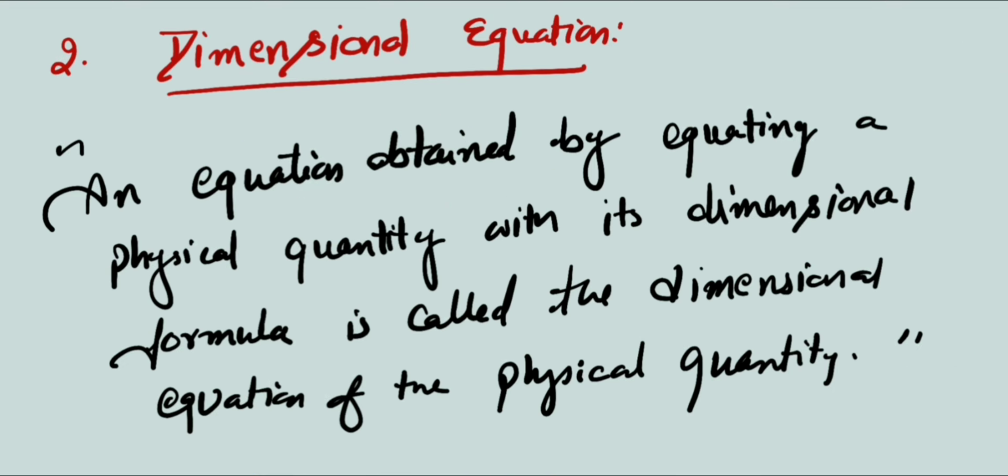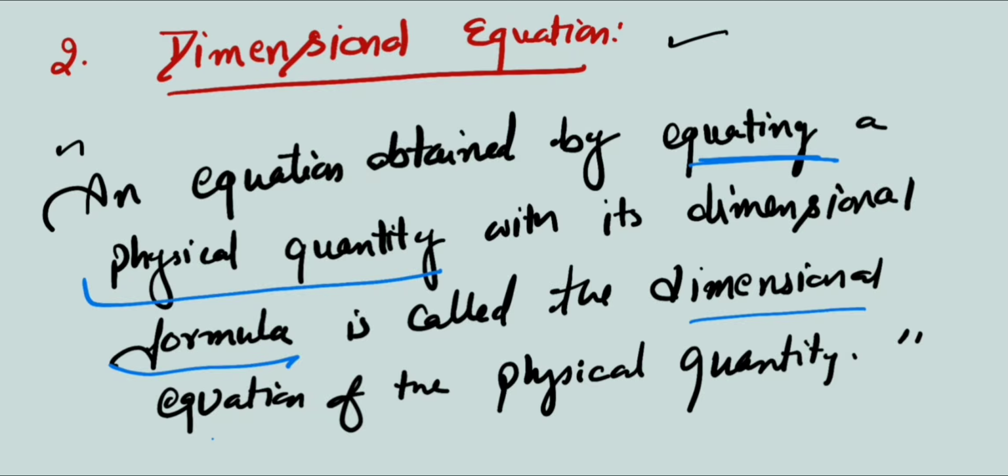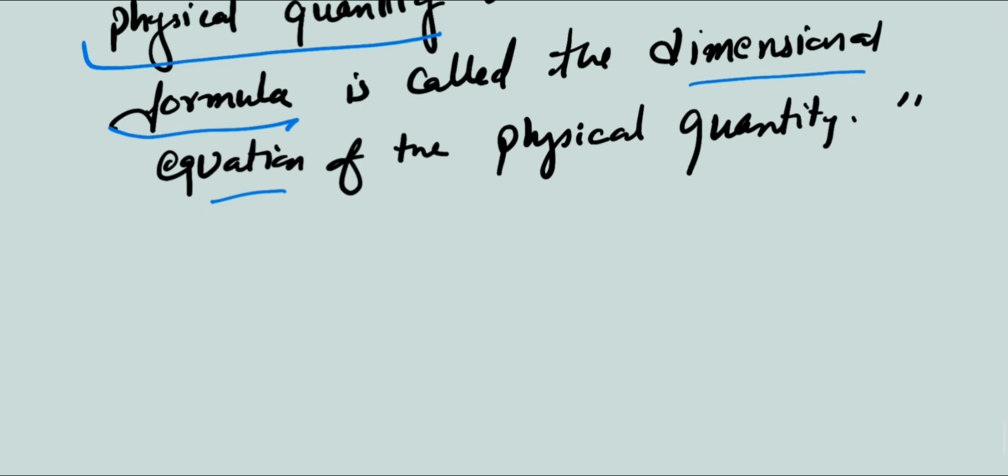The second topic here is the dimensional equation. What is that? This is very simple. An equation obtained by equating a physical quantity with its dimensional formula is known as the dimensional equation of that physical quantity. For example, for velocity the dimensional formula is M^0 L^1 T^-1.